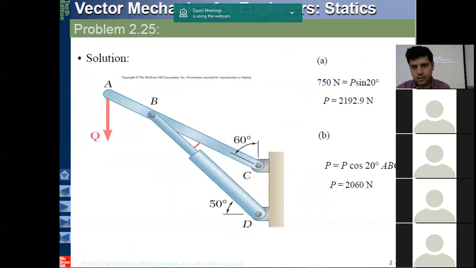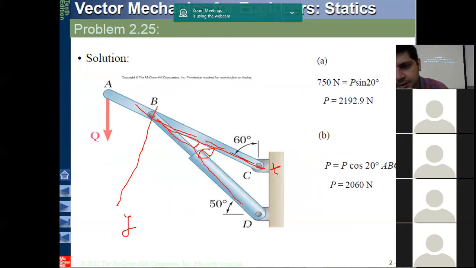Okay, so this is the angle I'm talking about, and this is your... so let's say this is X and this is Y, and this is the direction of your force.